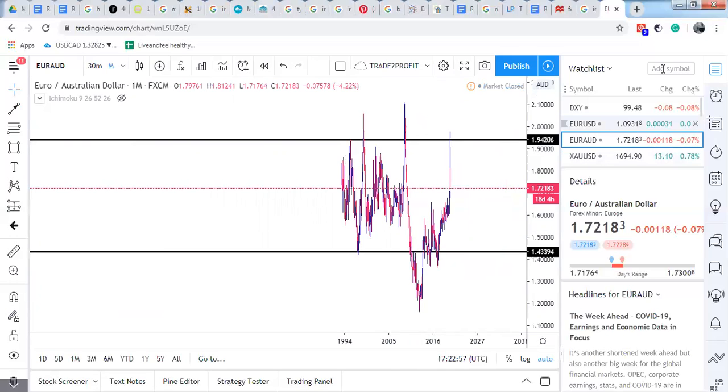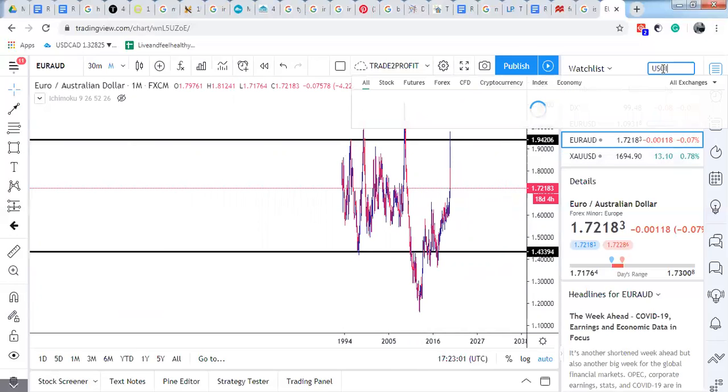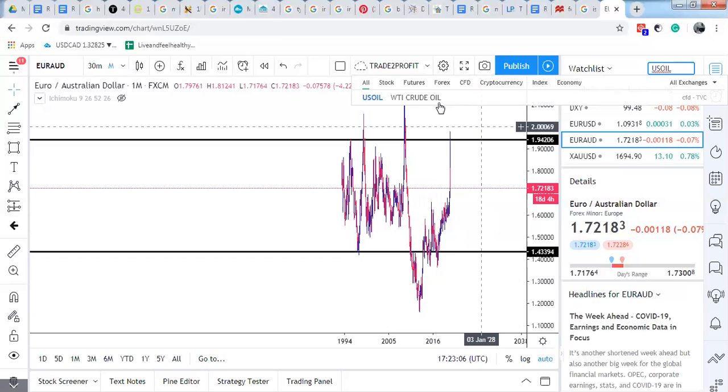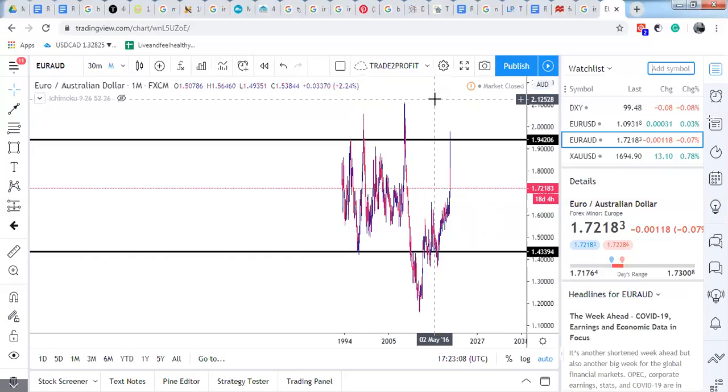All right, so US oil. US oil currently is fully driven by fundamentals. There is a lot of clamoring between Russia, Saudi, and others, so there are a lot of ups and downs as far as US oil is concerned.